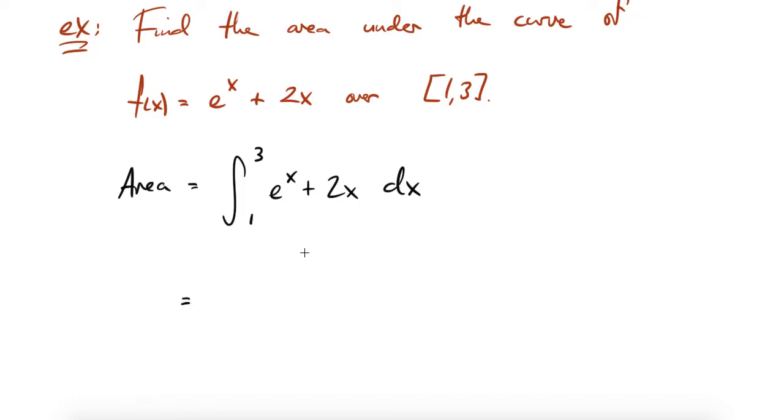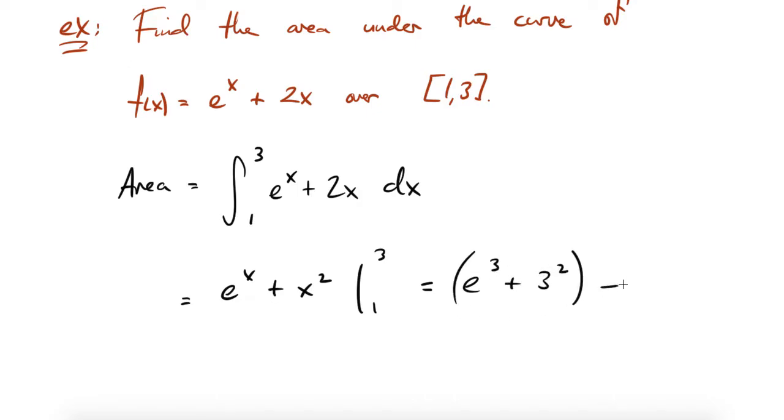So I take an antiderivative. Again, you may want to pause and try to work this one out yourself. I take the antiderivative of e to the x, I get e to the x. I take the antiderivative of 2x, I get x squared. I'm evaluating that from 1 to 3. So this is e cubed plus 3 squared, when I plug in 3, minus e to the first plus 1 squared.